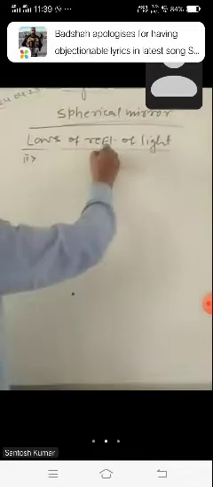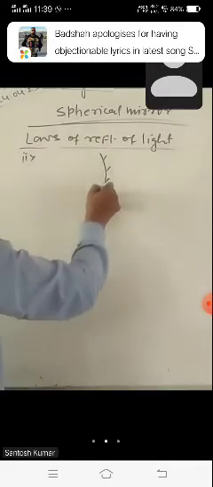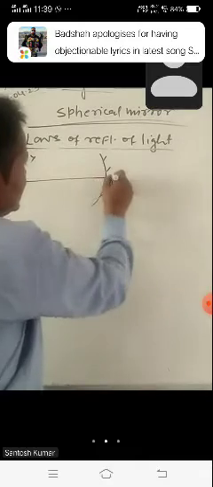Second case, for both concave as well as convex. First, this is concave. This time it is just opposite. This time the ray is not parallel. This time the light ray will come from the focus, then it will go parallel to the principal axis.